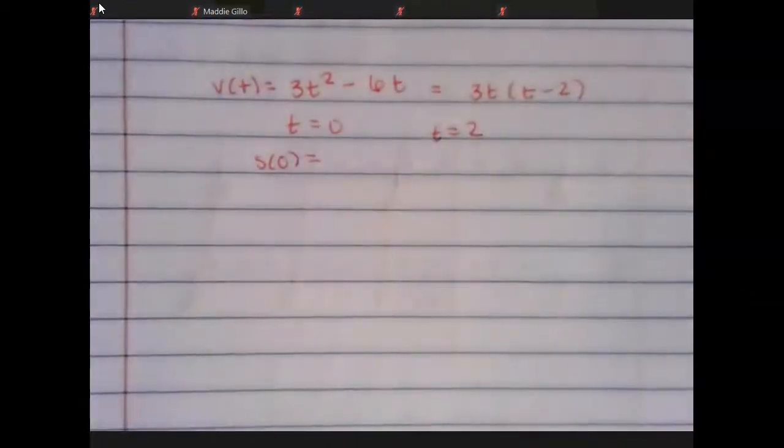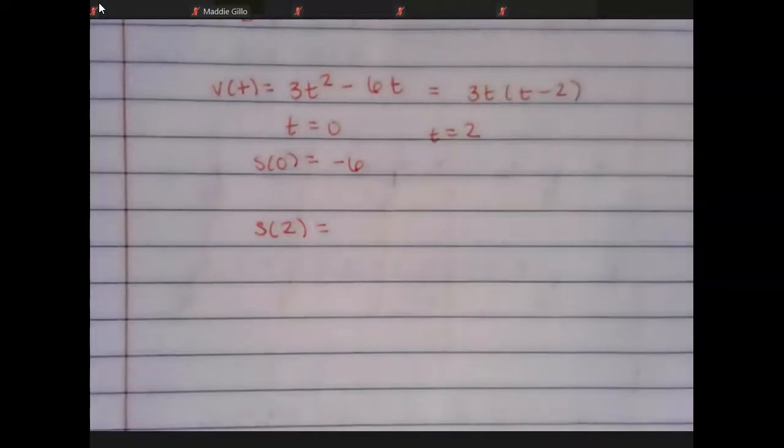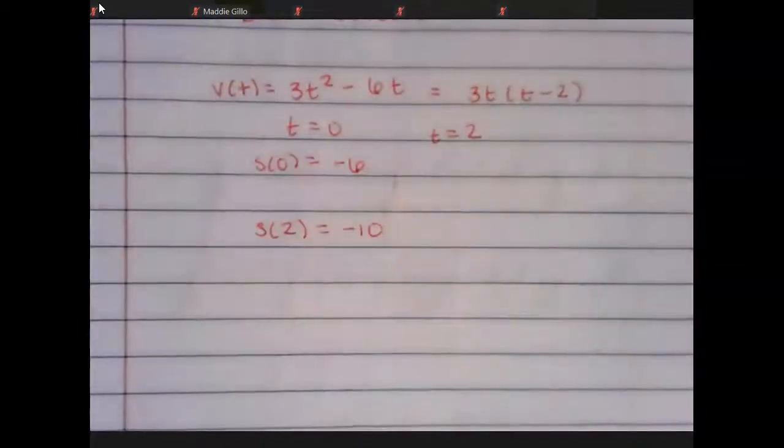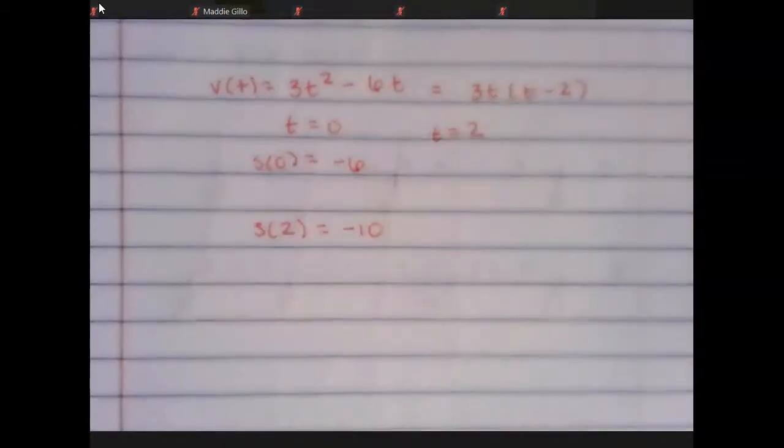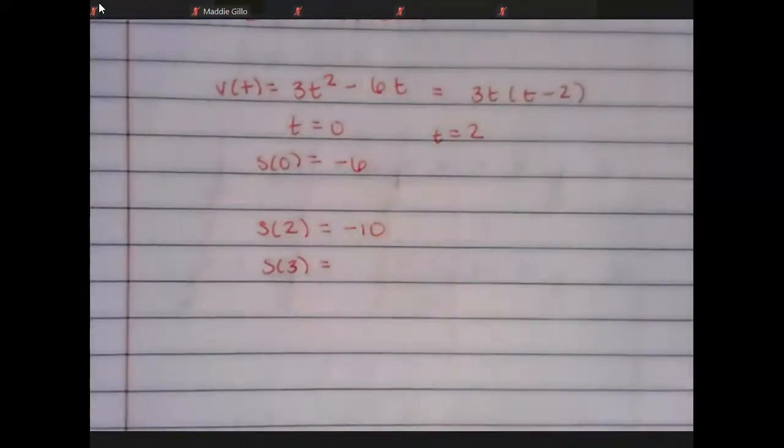So Black Widow's position at 0 was -6. Black Widow's position at 2, when the particle changed direction, was at -10. And then the position after, so let's look at s of 3, was -6.